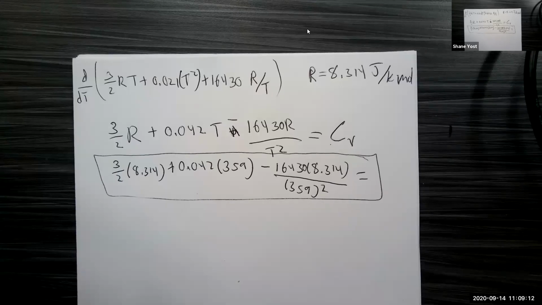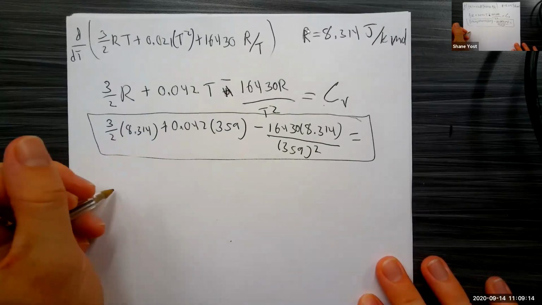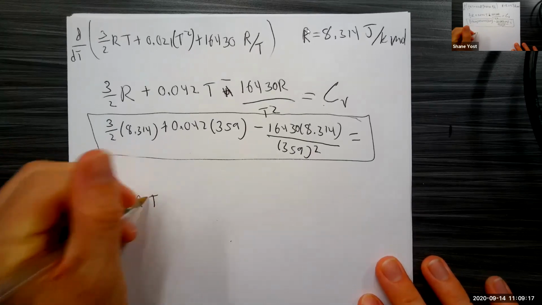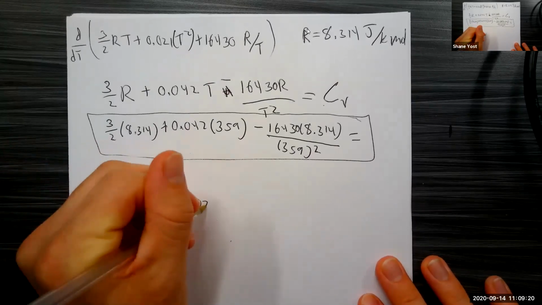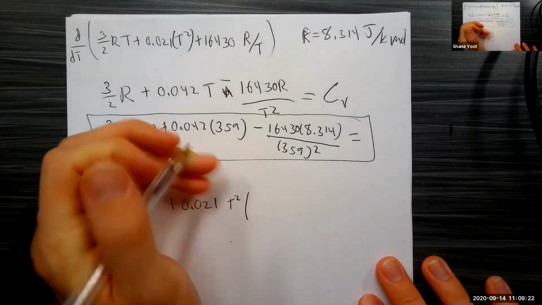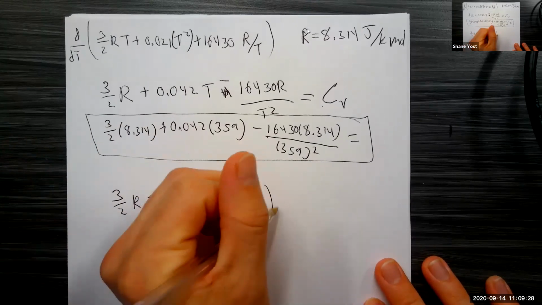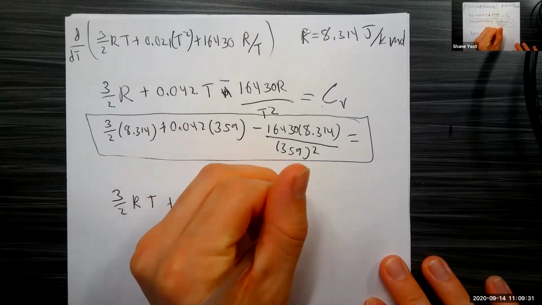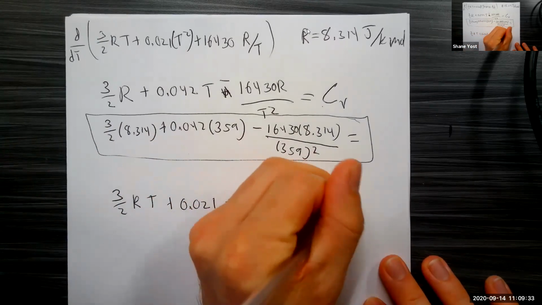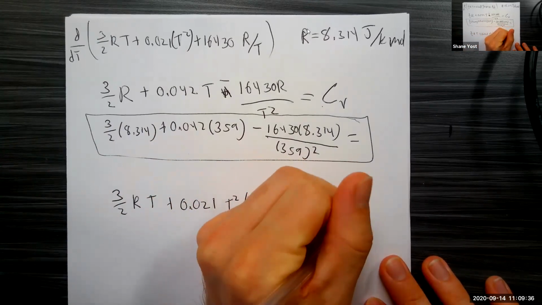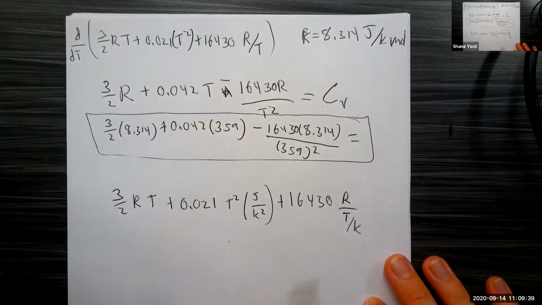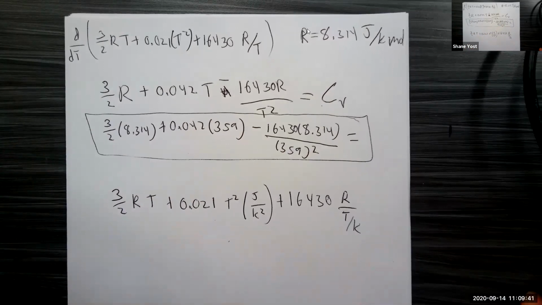The way these equations are typically written is you'd have something like 3 halves R times T, plus 0.021 T squared multiplied by joules per Kelvin squared or something like that, plus 6430 R divided by T, divided by Kelvin. A lot of times these equations are written to ensure units work out by multiplying or dividing by the actual units needed.